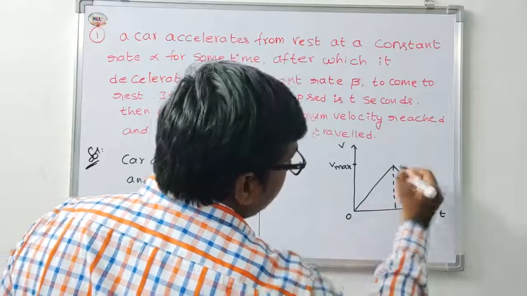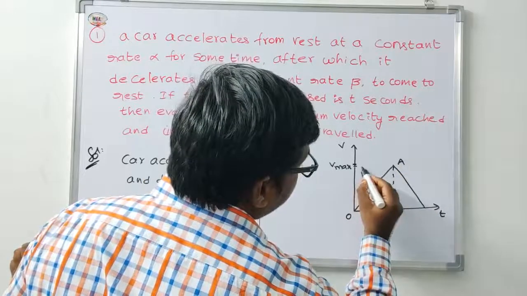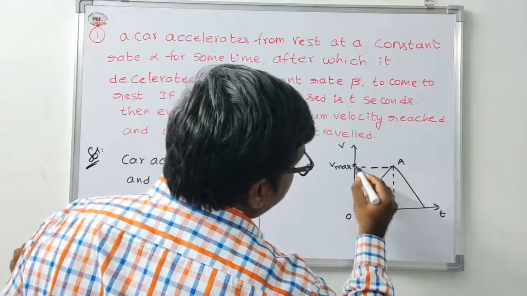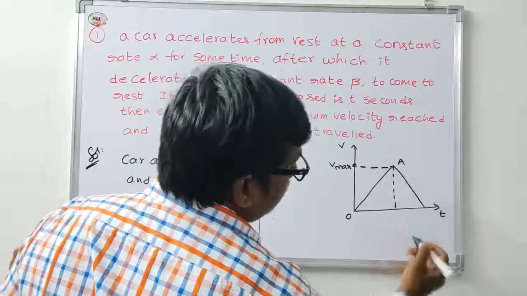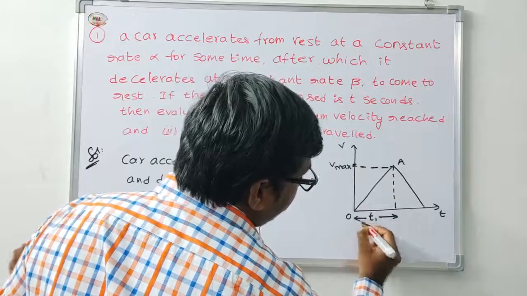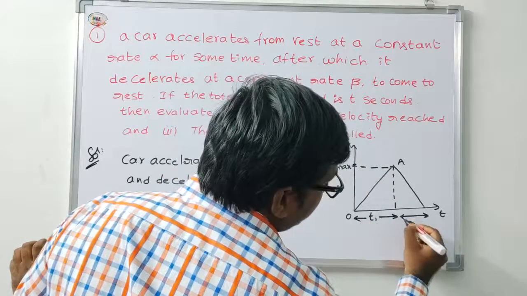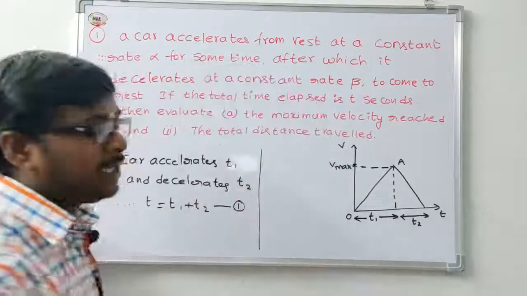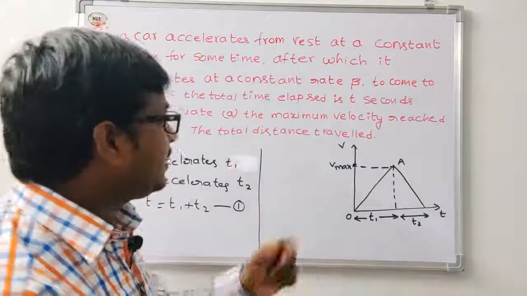This is the point O, this is the point A. The first time is t1, the next time is t2. The total time t is equal to t1 plus t2.